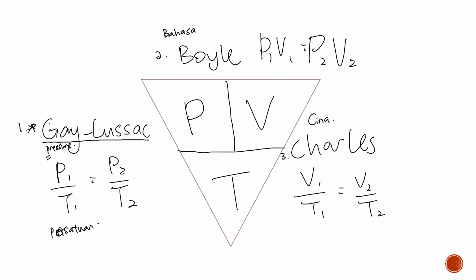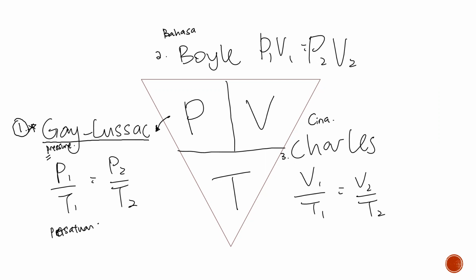Always start from the bottom on your left hand side. Persatuan Bahasa Cina. Persatuan means pressure law, Gay-Lussac. Number 2, Boyle's is bahasa. Number 3, China means Charles. So, Gay-Lussac law, we look at the left hand side.